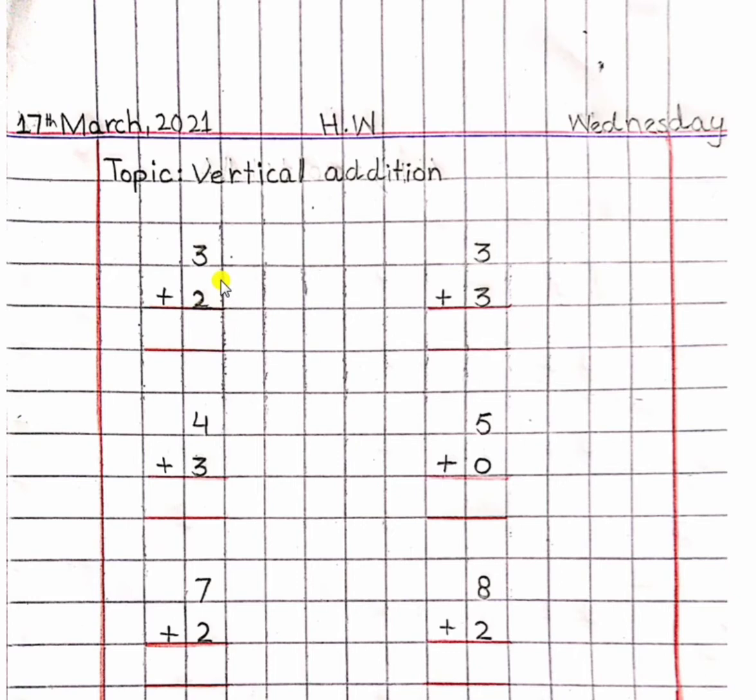So I'm going to draw balls with first number. 1, 2, 3. Look at this, class. First number is 3, so I have drawn 3 balls with this number. Second number is 2, so I will draw 2 more balls here.